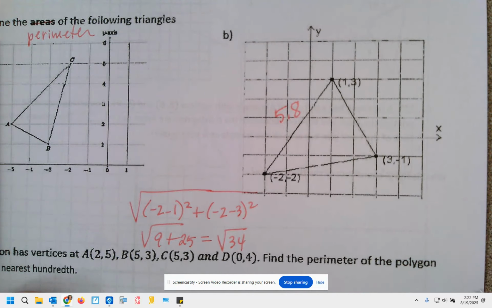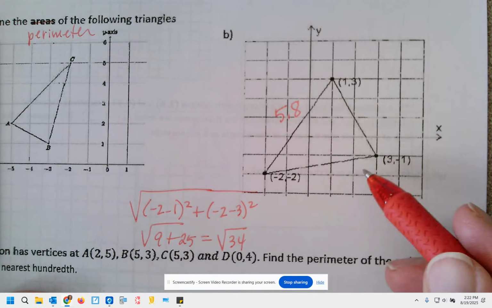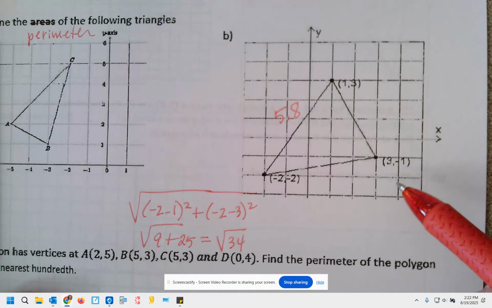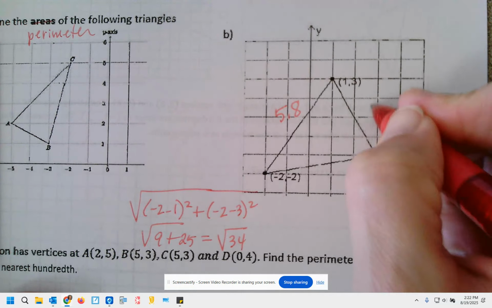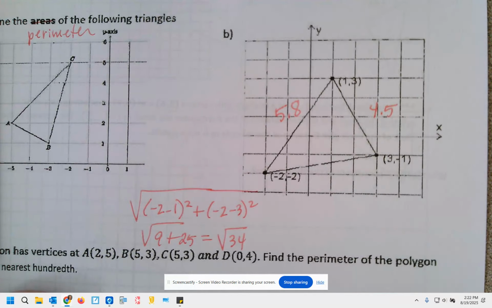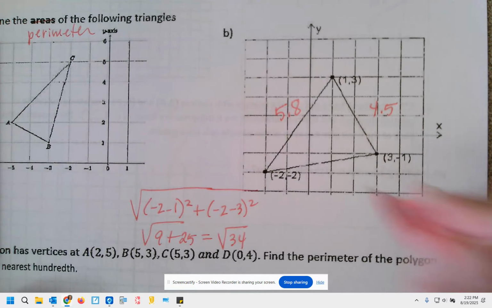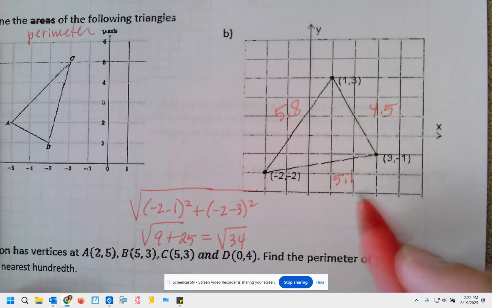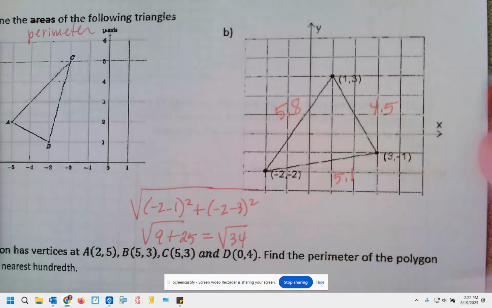And just trust me that I ran through the distance formula 2 more times. Between these 2 points, you should get the square root of 20, which is about 4.5. And for this side, you should get about 5.1, the square root of 26. So when you add it all together, 5.8 plus 4.5 plus 5.1, the perimeter is 15.4.